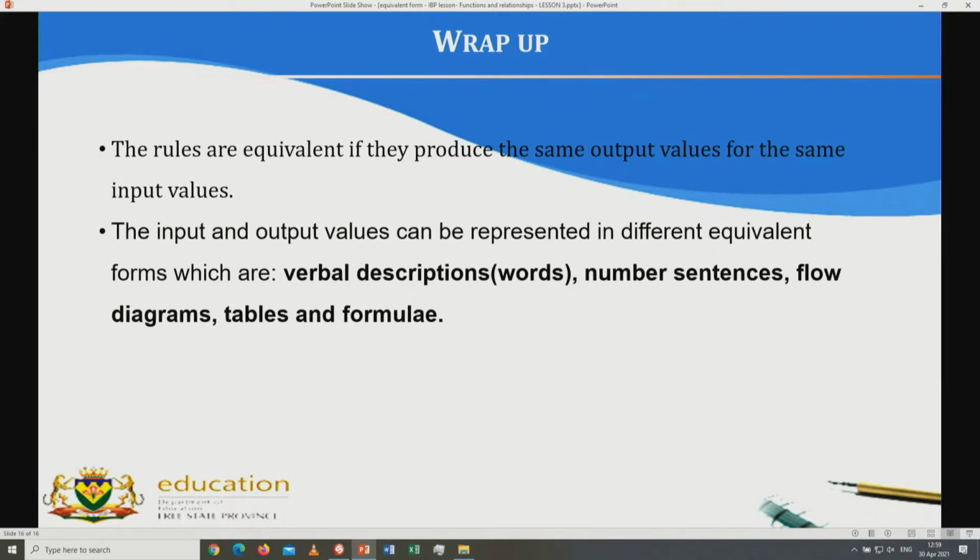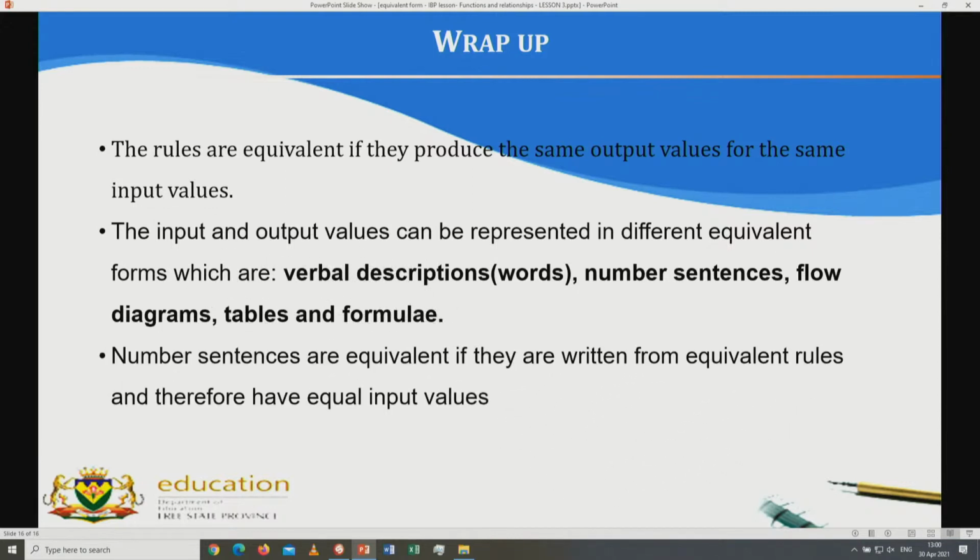The input and output values can be represented in different equivalent forms, which are verbal descriptions, number sentences, flow diagrams, tables, and formulae. Number sentences are equivalent if they are written from equivalent rules and therefore have equal input values.